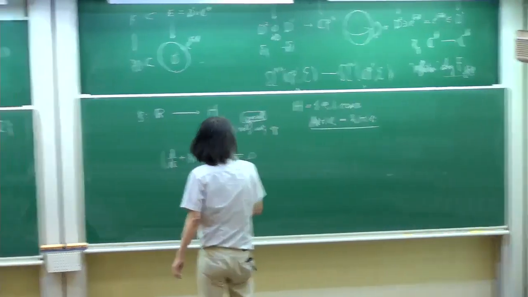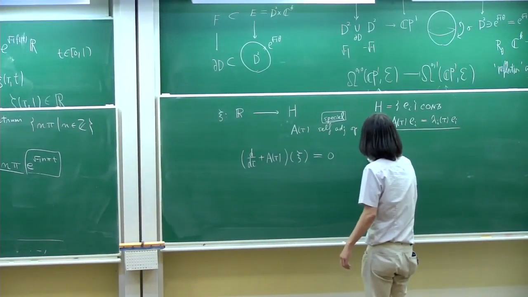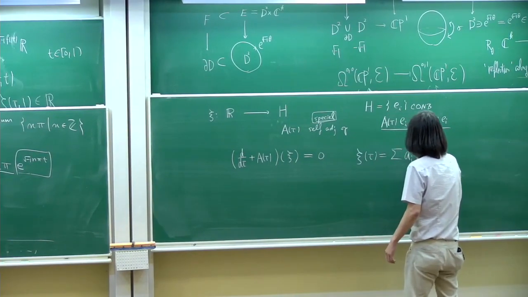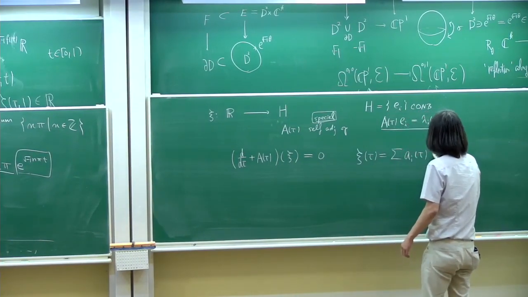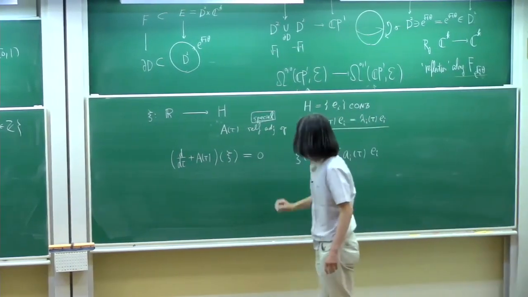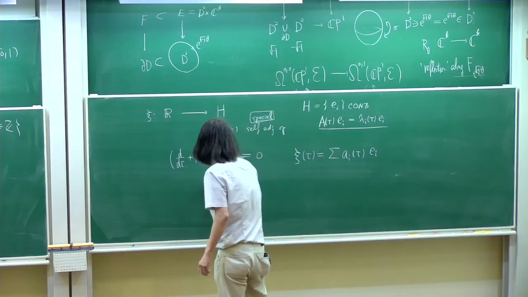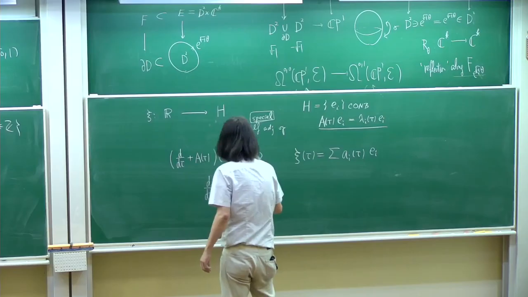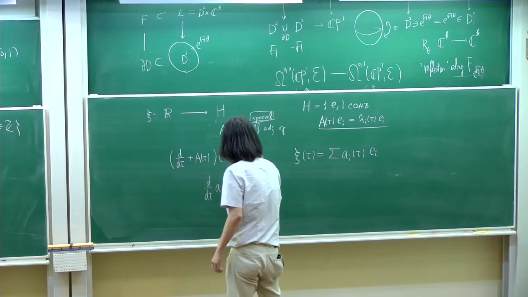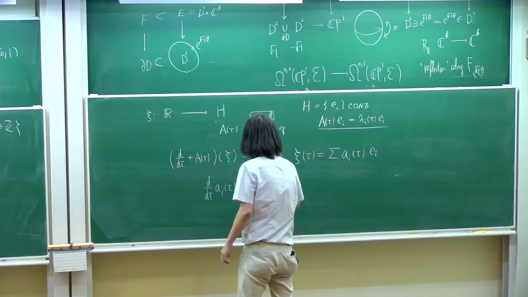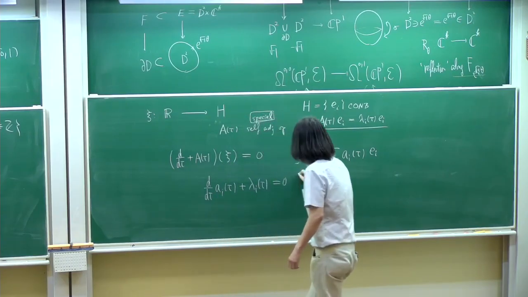And then we can just do the same thing. So psi(tau) is equal to the sum of a_i(tau) e_i. And then just plug this into this equation, and then what we'll have is d/d tau of a_i(tau) plus lambda_i(tau) a_i(tau) is equal to 0 for any i.